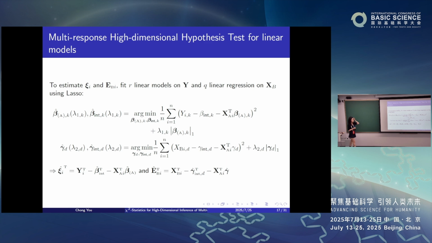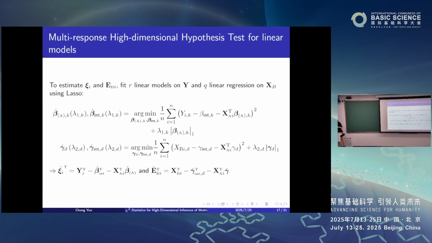To estimate psi and E B, we just fit R linear regression models on Y and Q linear regression models on X B using Lasso. The Lasso penalty can be chosen by cross-validation.